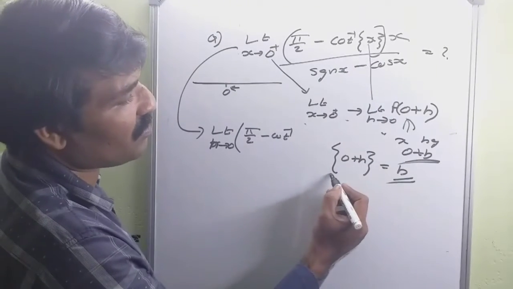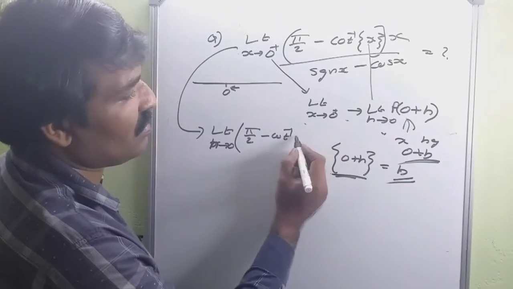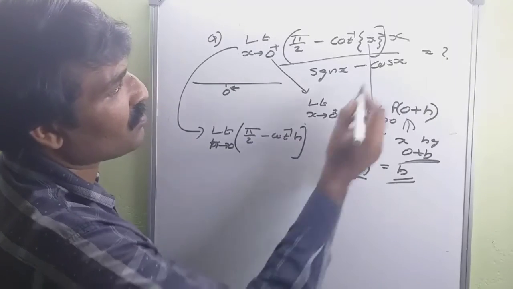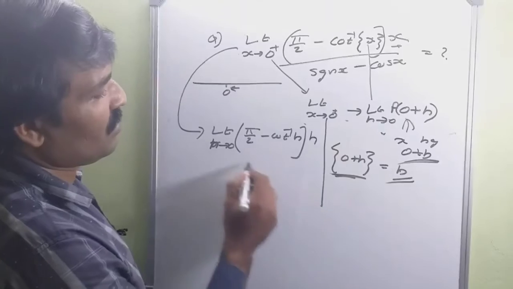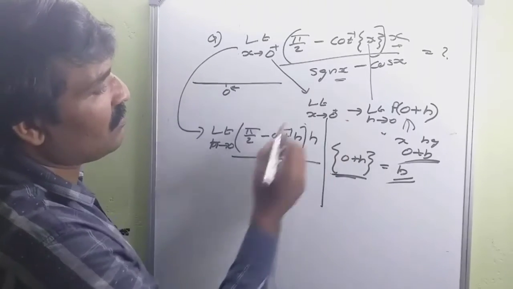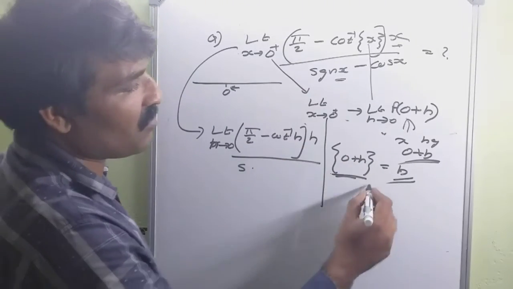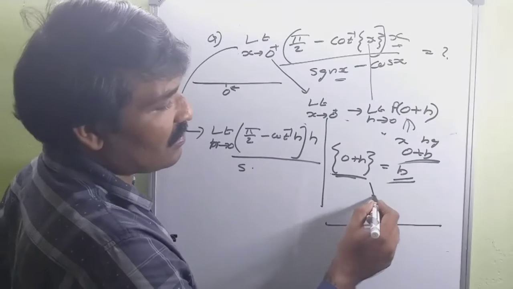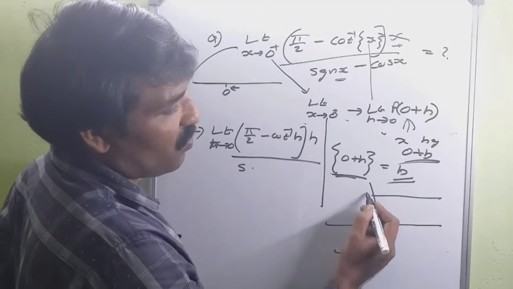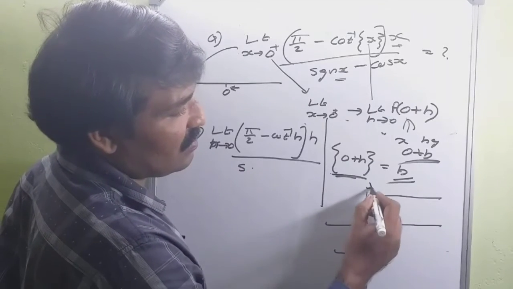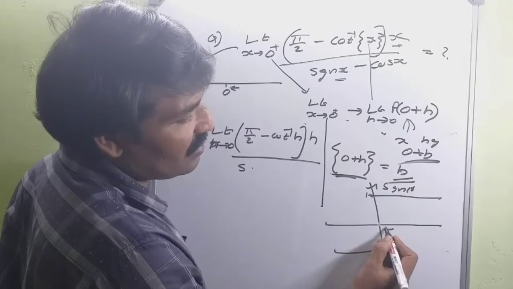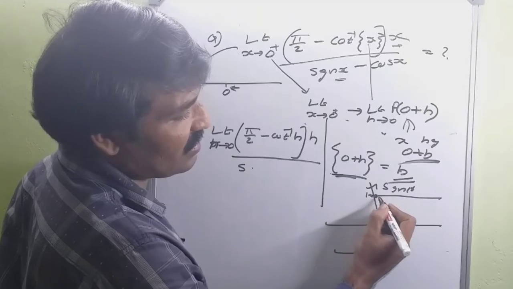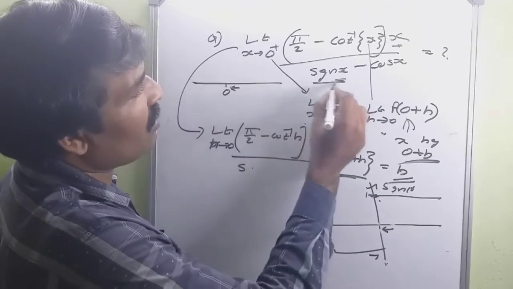Now this limit becomes limit h tends to 0 of pi by 2 minus cot inverse of the fractional part of x, that is the fractional part of 0 plus h, which is equal to h. So cot inverse h into x, where x is equal to 0 plus h, that is h, divided by signum of x, or signum of h. This is our signum function, which is 1 for x positive, minus 1 for x negative. And x is approaching from 0 plus, so the value of the signum function is equal to 1.